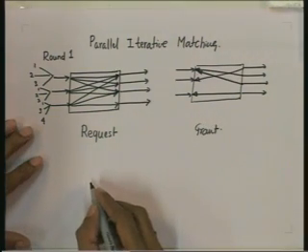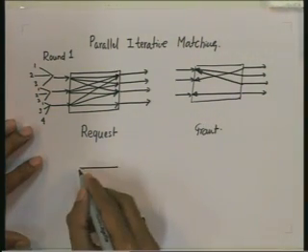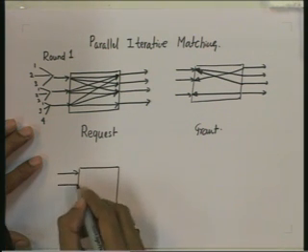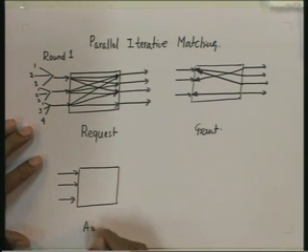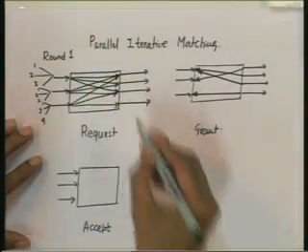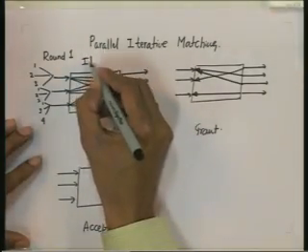So, this is the grant phase. Now, in the accept phase, as you can see here, this is round 1 and this is iteration 1.